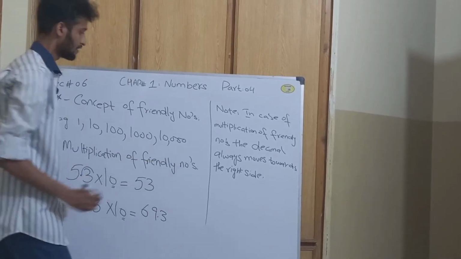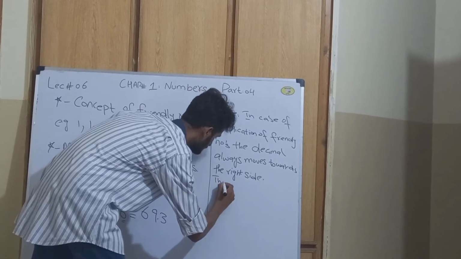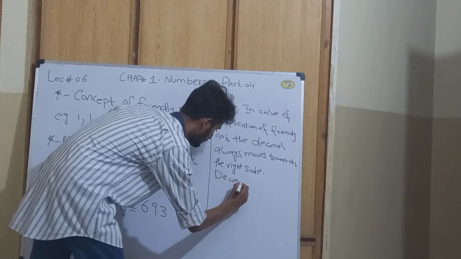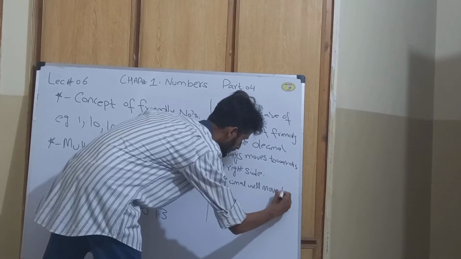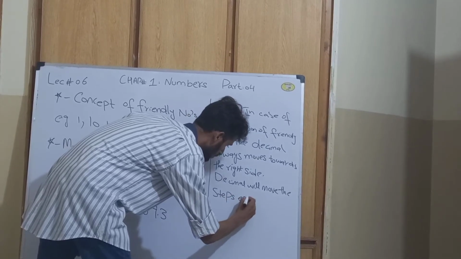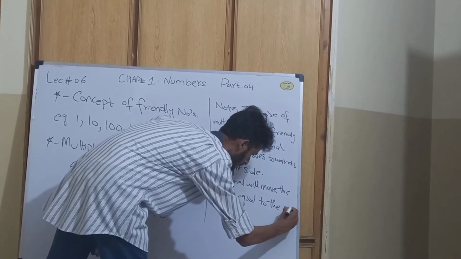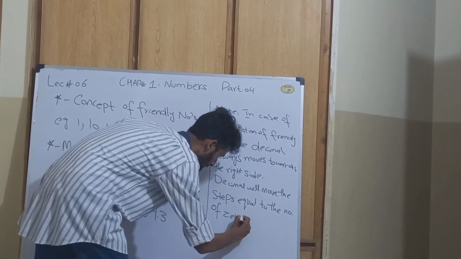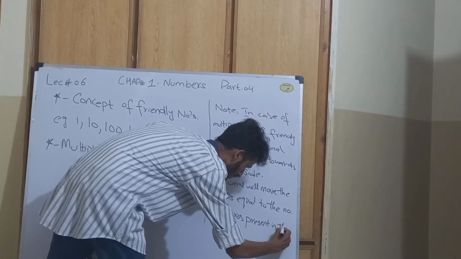So we can write that the decimal moves steps equal to the number of zeros present in the friendly number.